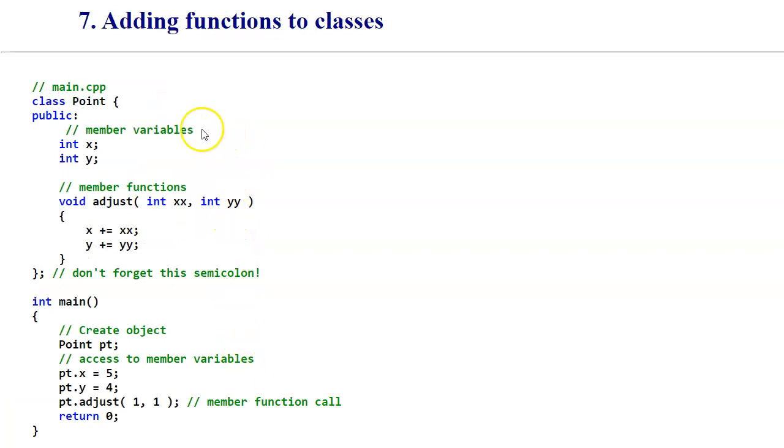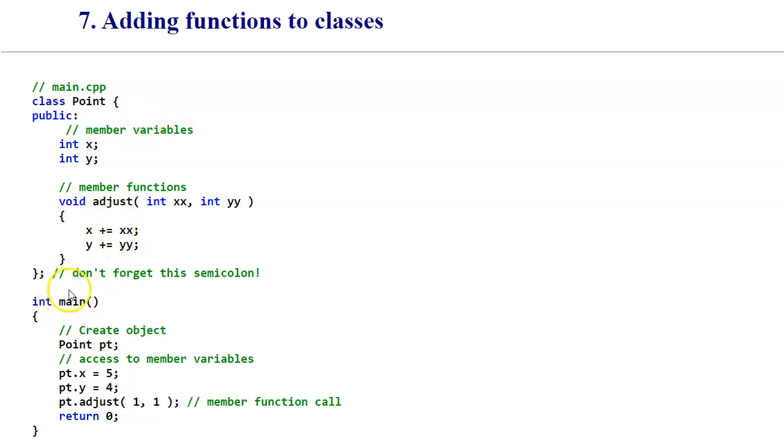Of course, classes support member variables and member functions. So here we have a member function example that is added to the point class that makes adjustments to the current position of the point. This coordinate X and Y gets modified. And of course, we need to use the semicolon, because when the compiler sees class point, it has to recognize it as a class declaration.